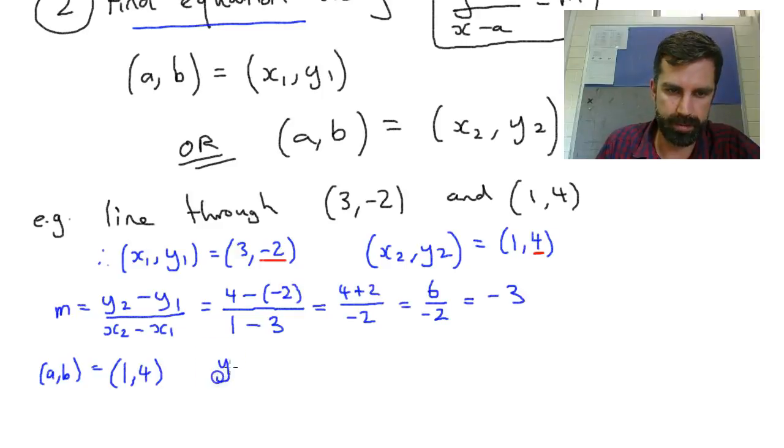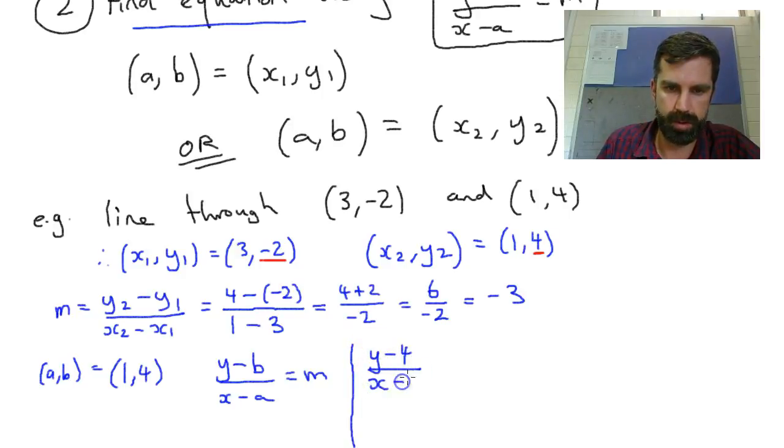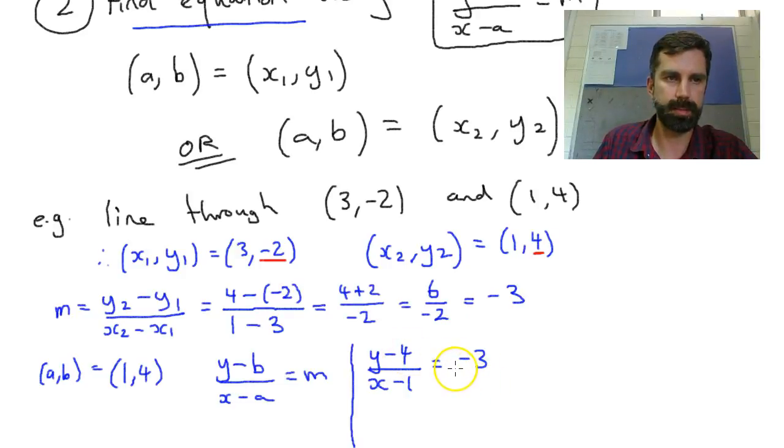And then I'm going to start from my equation y take b over x take a equals m. So that means that y minus 4 over x minus 1 equals -3. Now there's no bottom line on this side, so I don't need to cross multiply anything to the left.